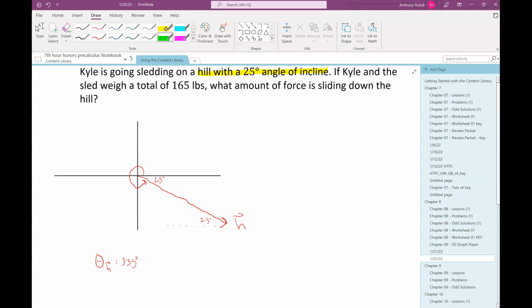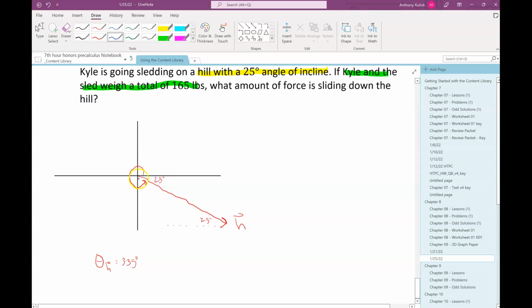The only other piece of information is that Kyle and the sled weigh 165 pounds. That must be somehow my second vector. Physics people in the room, what kind of force generates weight? Gravity. That's correct. And what direction is gravity pulling? Straight down.